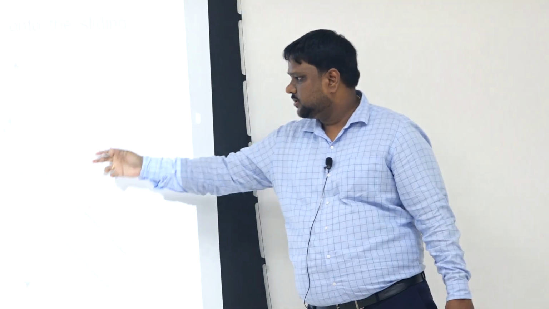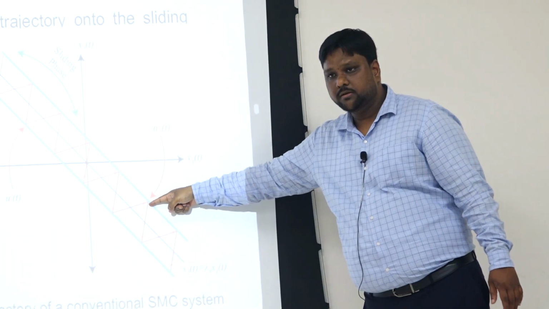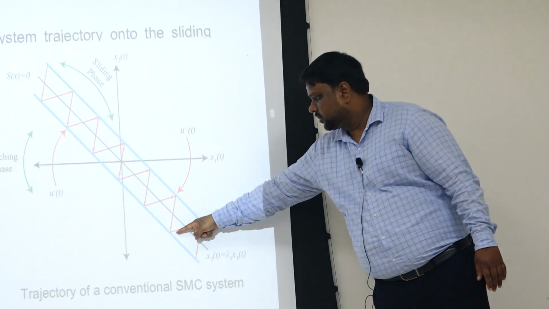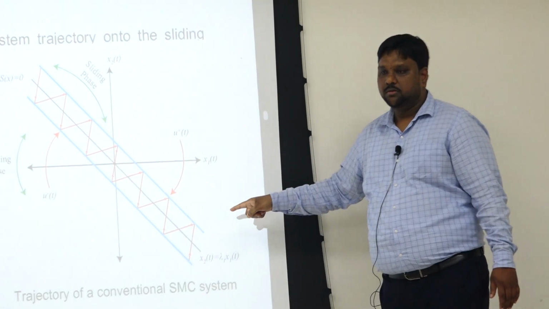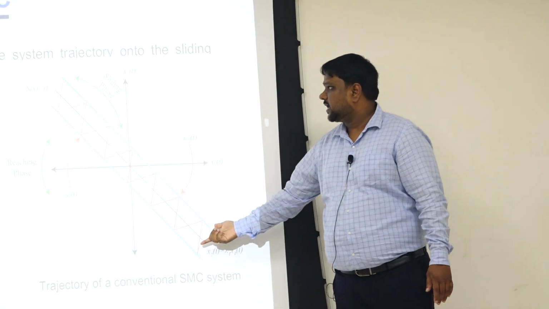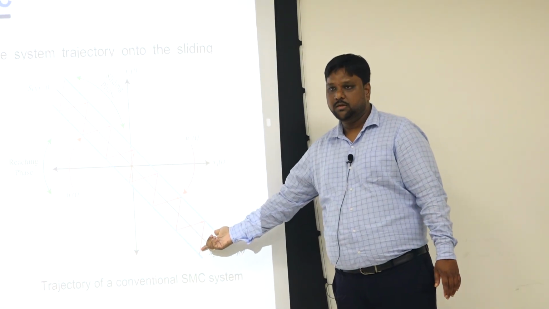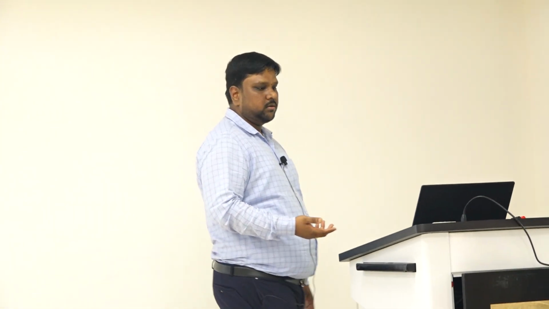Okay. This is what I was telling, the sliding surface. Let us say your operating point has an upper bound and a lower bound. If your operating point operates somewhere outside this region, it will bring it to this point and try to operate the system within this range. So, you have to design this sliding surface, and how you design it depends on which kind of sliding mode control you are taking.